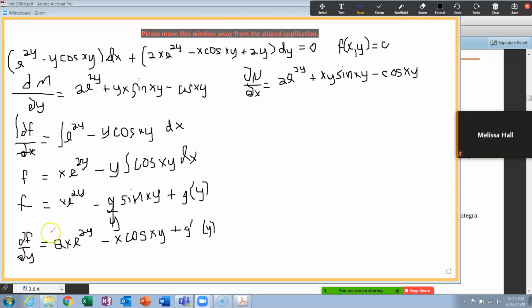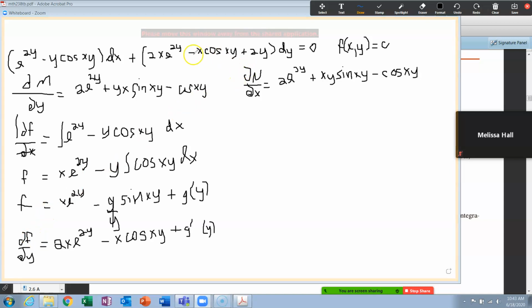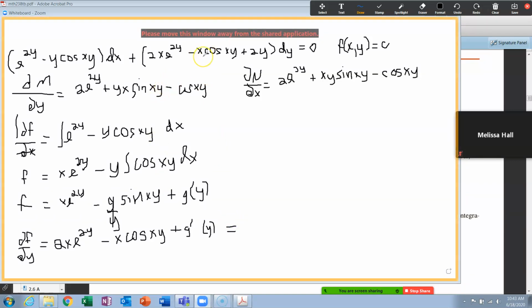Now, the partial of f with respect to y should be this thing up here. So let's just set that equal. That is your partial of f with respect to y, is this thing right up here.